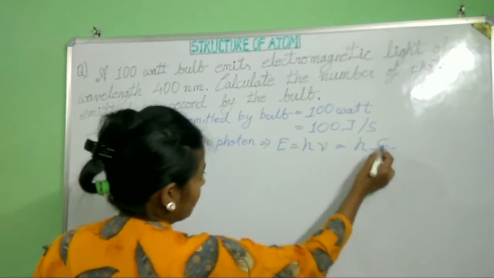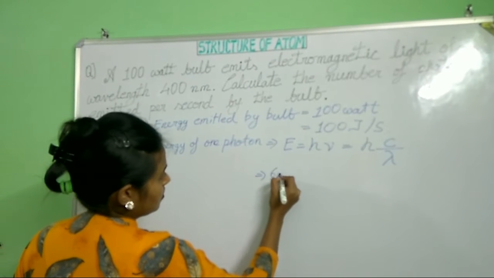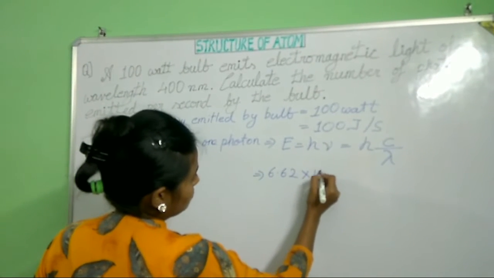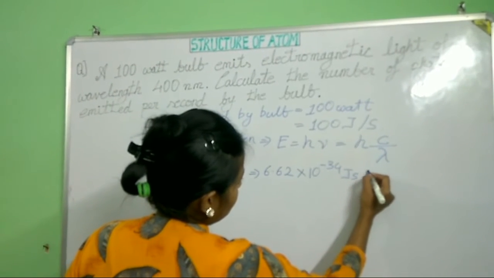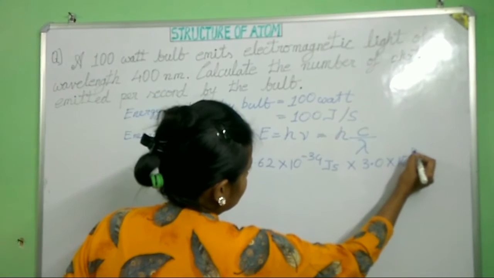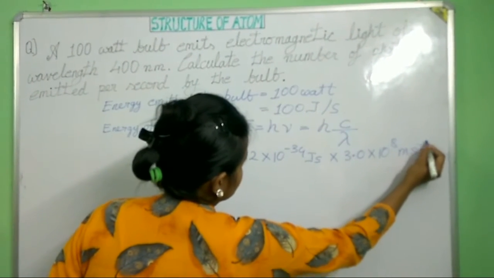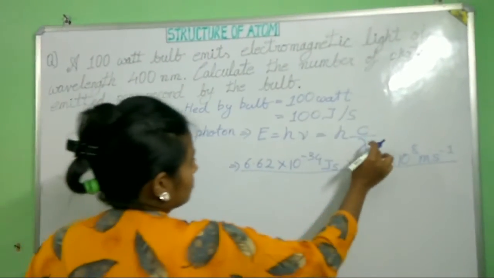Now let us put the values. For Planck's constant, the value is 6.62 into 10 to the power minus 34 joule second into 3.0 into 10 to the power 8 meter per second, right? And divided by wavelength.